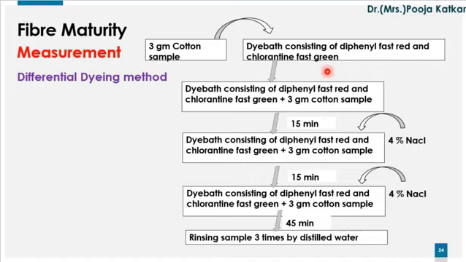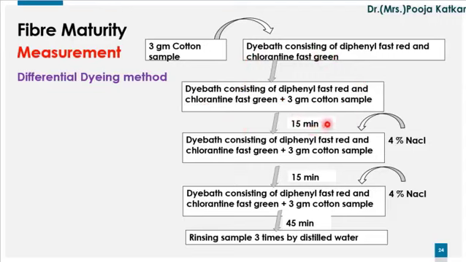Since mature fibers have enough cell wall, red color can go and diffuse inside the mature fibers. Because of higher specific surface, the green color dye, which has less diffusion rate, will go and deposit on immature fibers.